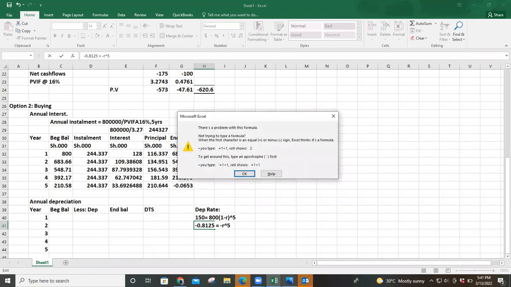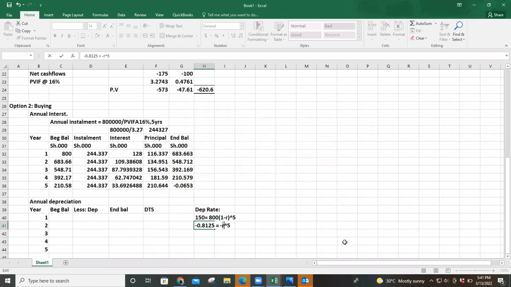So you can simply get the fifth root of 0.8125.